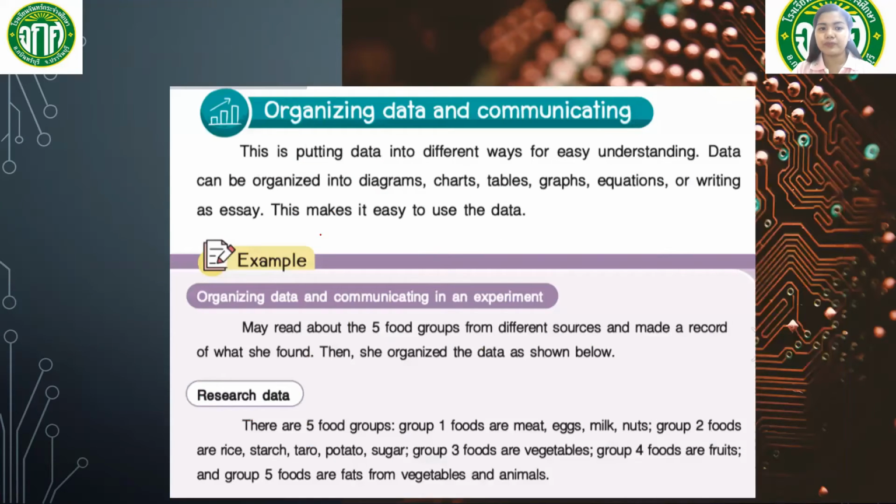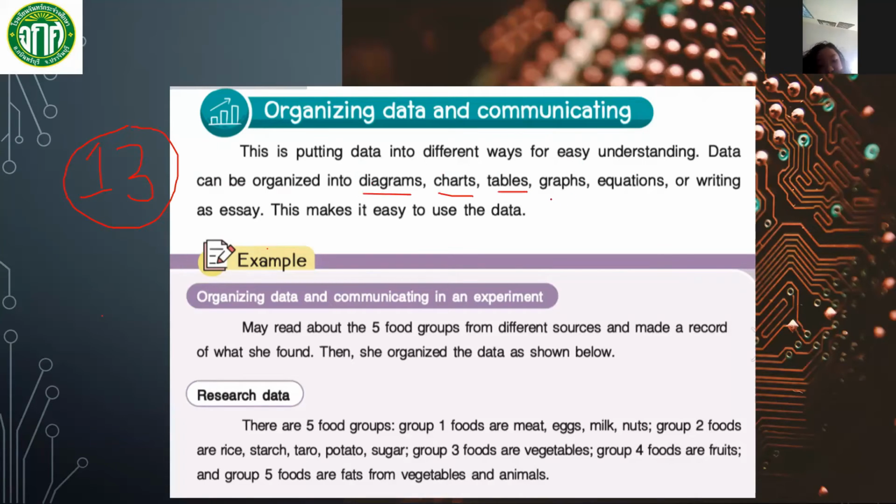Okay, let's move on to the next. We have here organizing data and communicating. So we are going to put data into different forms for easy understanding. We are going to put it into diagrams, charts, tables, graphs, equations, or write it as an essay.